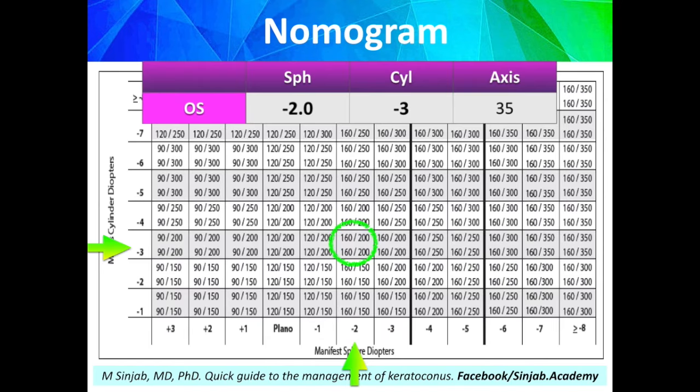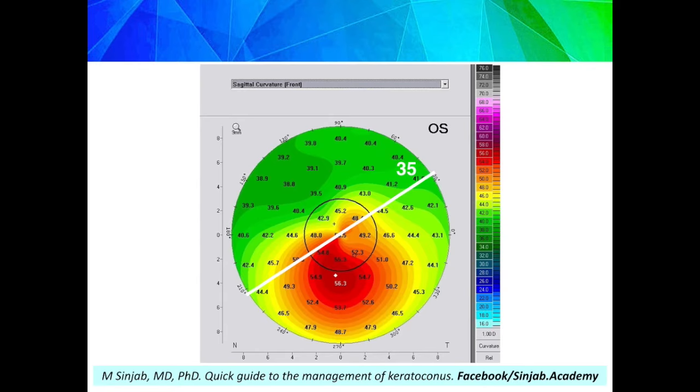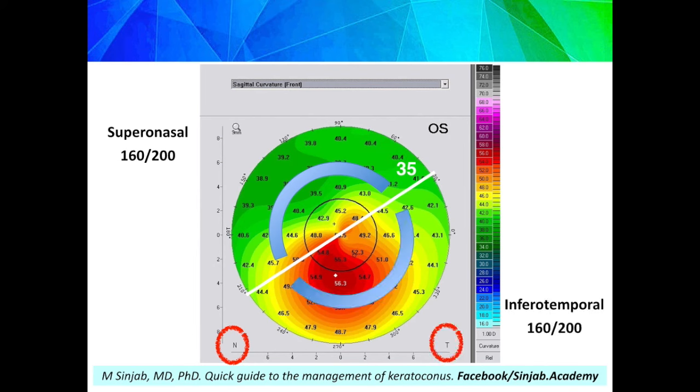In nomogram C, the patient has -2 sphere, -3 cylinder, so we have to use 2 similar segments, 160 to 100 microns. So the first segment is 160 to 100 microns, and will be implanted in the superior nasal part of the cornea, and the other one is also 160 to 100 microns.